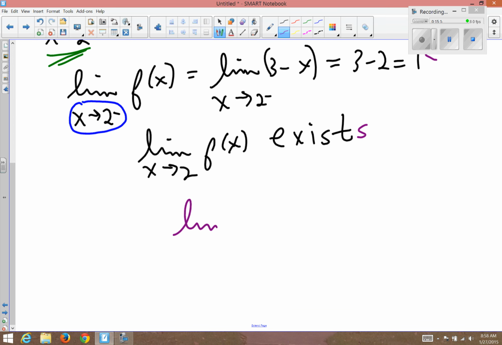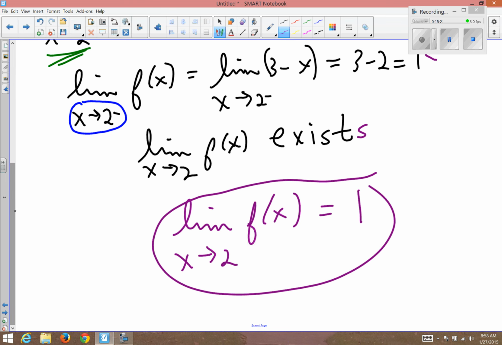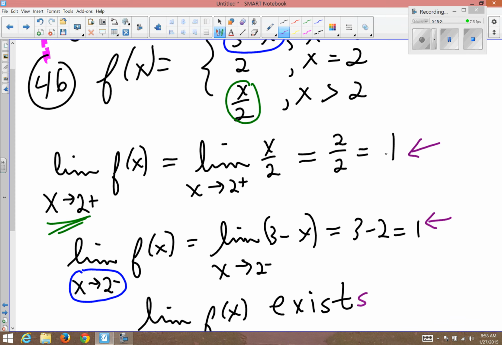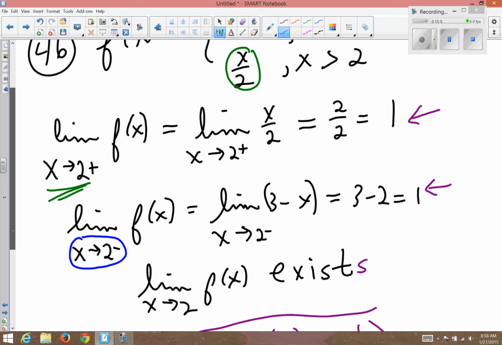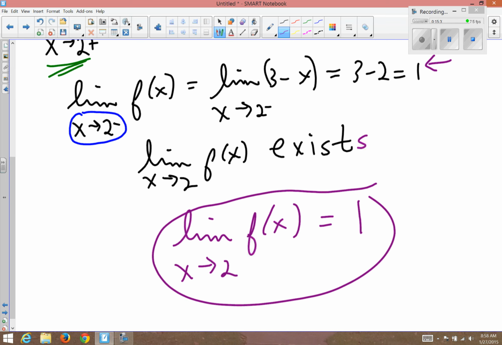And we say the limit of f of x as x approaches 2 is that same answer that we got for both of those. So technically this one is the limit as x approaches 2 from the right. This one is the limit as x approaches 2 from the left. And because they're the same, we say the limit as x approaches 2, period, is 1.